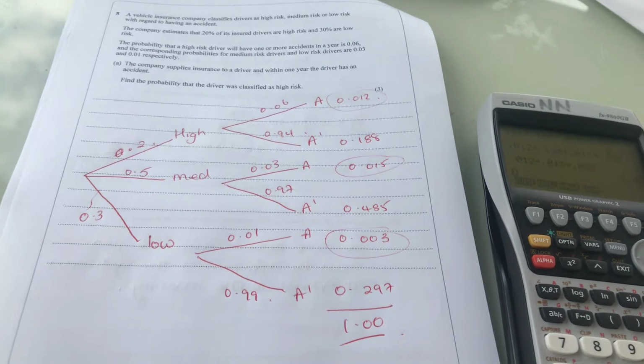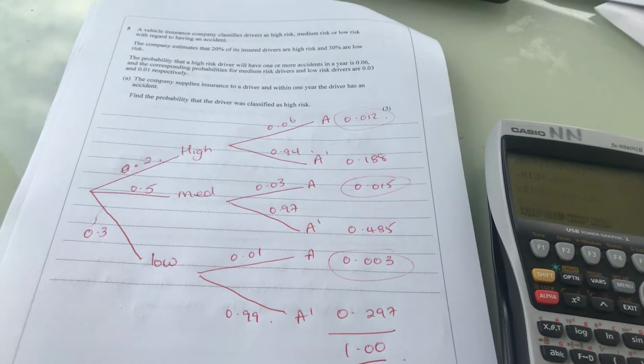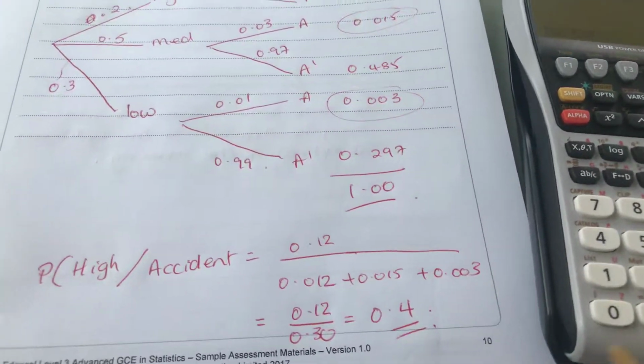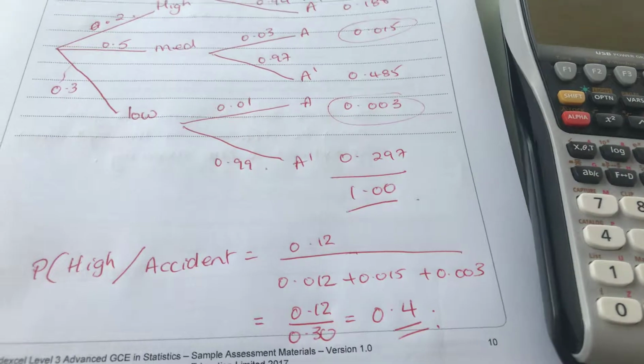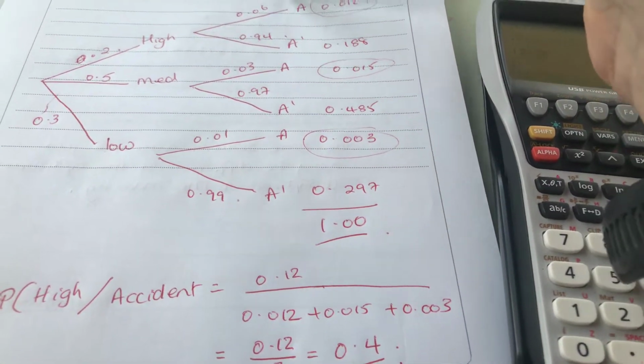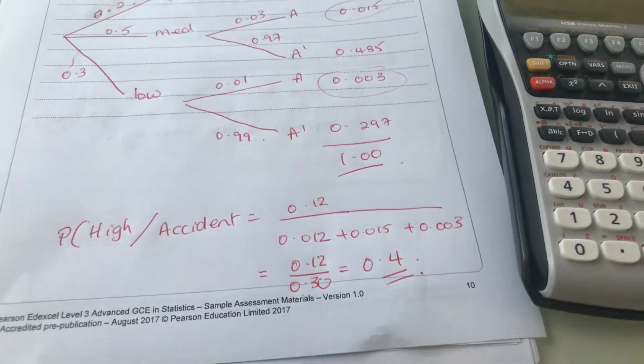So that is 0.012 out of 0.03, which is 0.4. Okay, so this is your given that: the probability the driver was high risk, given that he's had an accident. So that's where that is coming from.